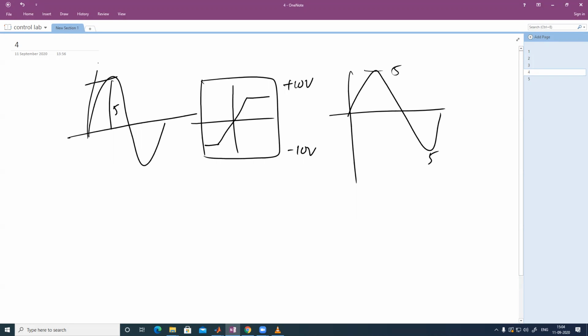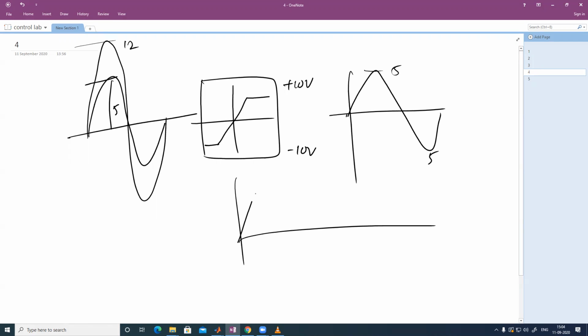But when it is crossing 10 volt, if it is some 12 volt, the output will be like this only. So you cannot get a sine wave here. At 10 volt it will saturate and the output will be like this. So if you are giving a sine wave of 12 volt and your saturation block is 10 volt, it will flip the portion here.